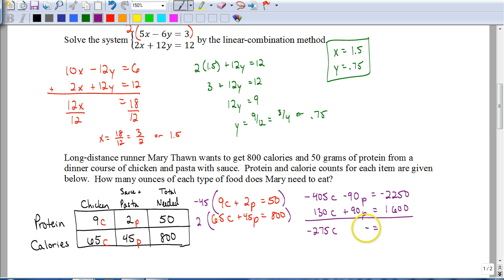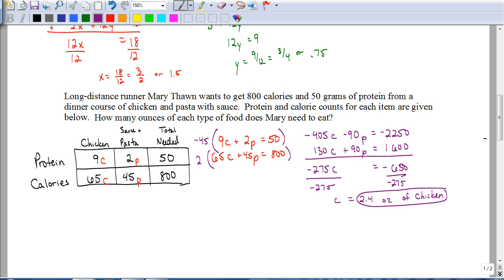These are going to be gone, so that's 0. And this would be negative 650. So now when I divide both sides by negative 275, I get C equals 2.4. Meaning I need 2.4 ounces of chicken.